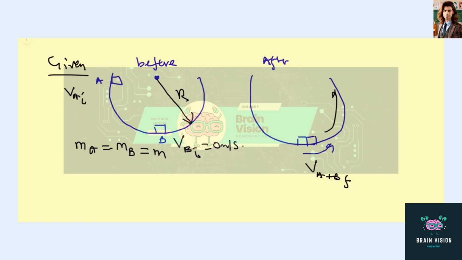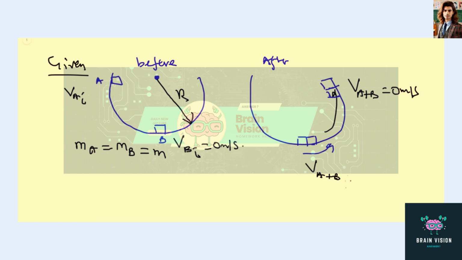They stop at some point right here, and when they stop, their final velocity happens to be 0. So V of A plus B equals 0 meters per second when they stop. We don't have to call this final, let's just call it the combined velocity of A and B.